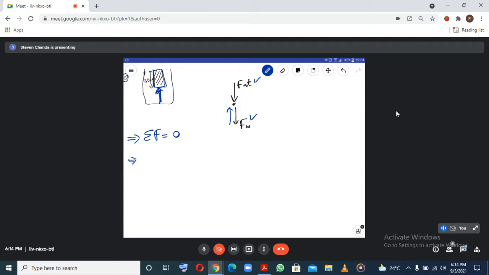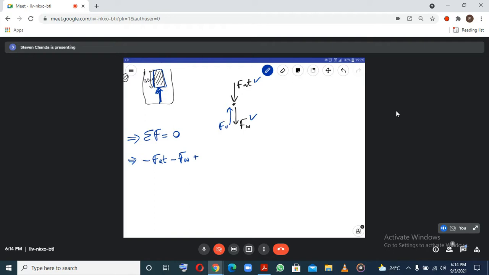Okay, so that's about it. So now let's write those forces. So for the atmospheric force, we are going to put the direction. That's negative because it's downward. Then the weight is also going to be negative. Then the upward force, right?